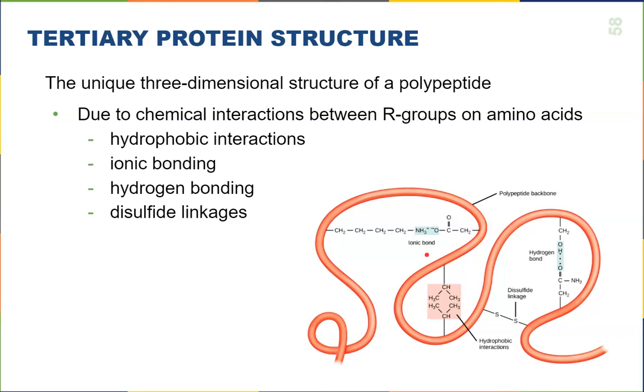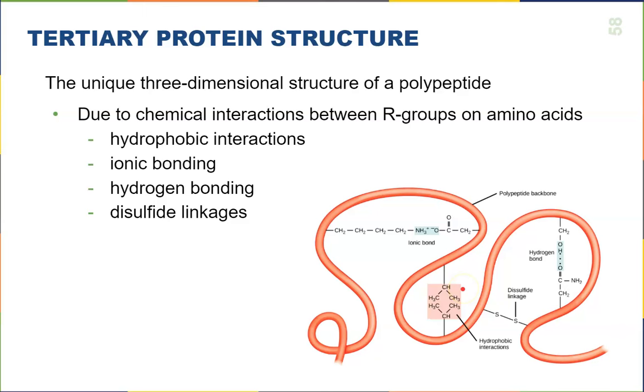Tertiary protein structure is more chemical interactions, but they are between R groups instead of COOH and N groups. So they could be things like ionic bonding, which is positive and negative attraction of R groups. They can be hydrophobic interactions, so those would be contained like on the inside of a protein, right?